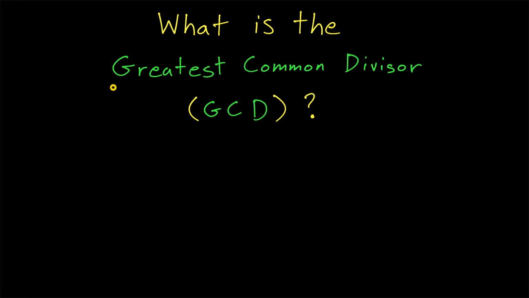Today we're going to learn what is the greatest common divisor, or the GCD. Before I get into what exactly it is, it is important to note that the greatest common divisor is sometimes called the greatest common factor, or simply the GCF.